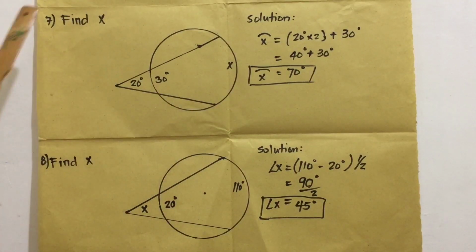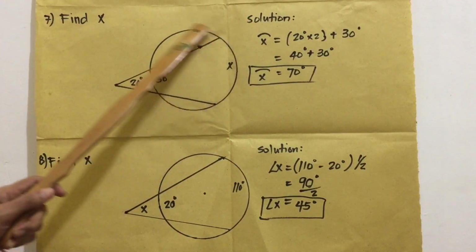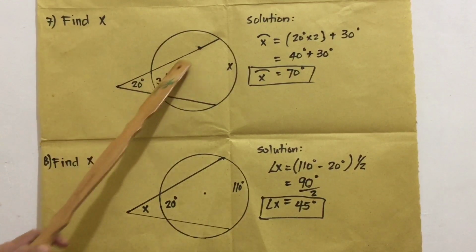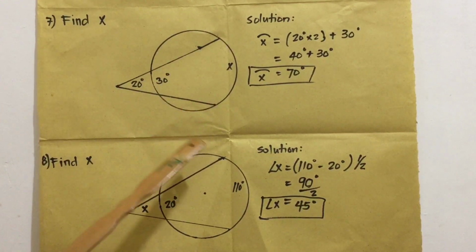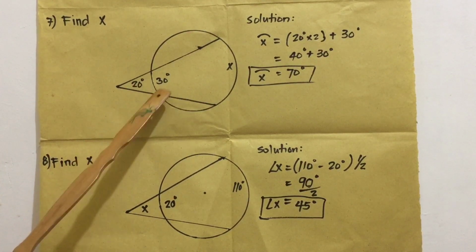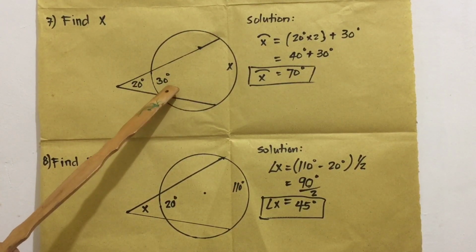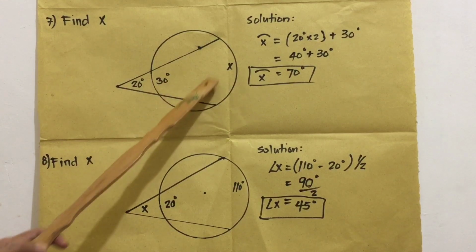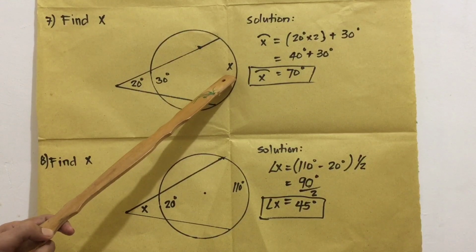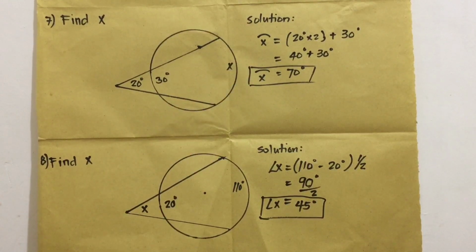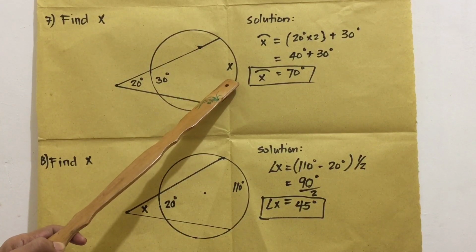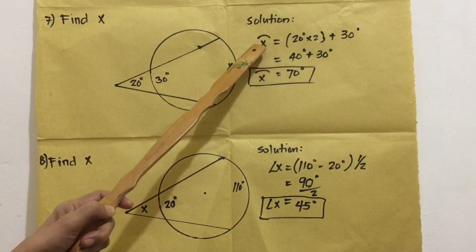Next, number 7. This is the given circle, with a secant line and a second line intersecting each other, and we have the 20 degrees angle and minor arc of 30 degrees, and this is to find the arc X. To find the arc X, we're going to use this solution.